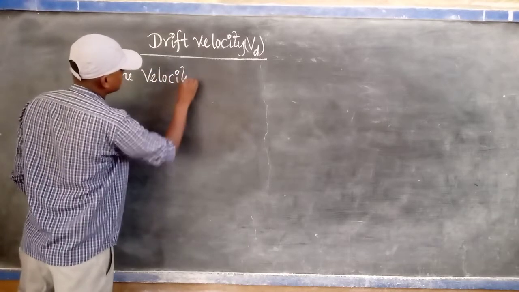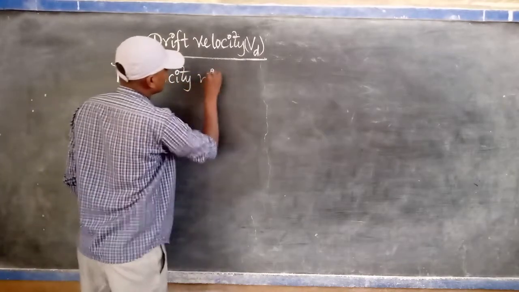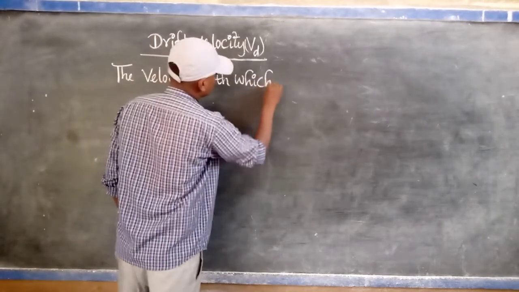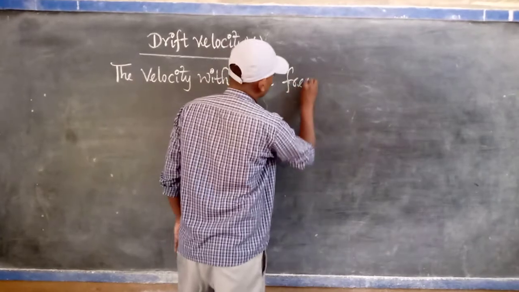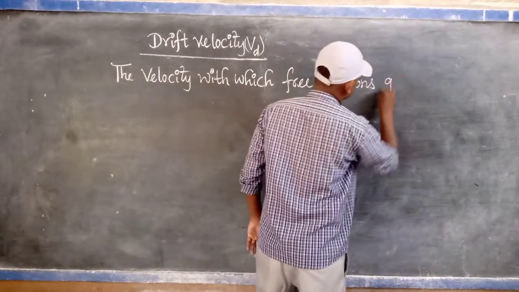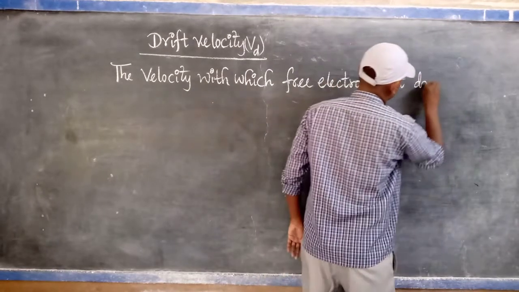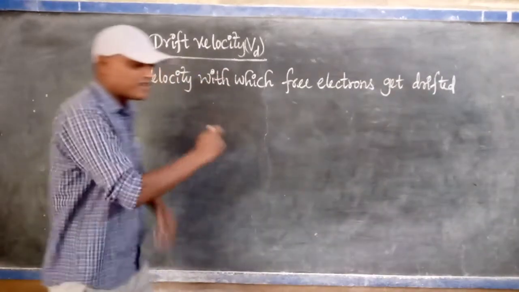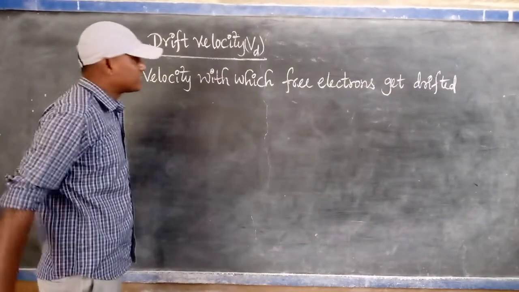The velocity with which free electrons get drifted. Drifted means from zero to again set into the motion.